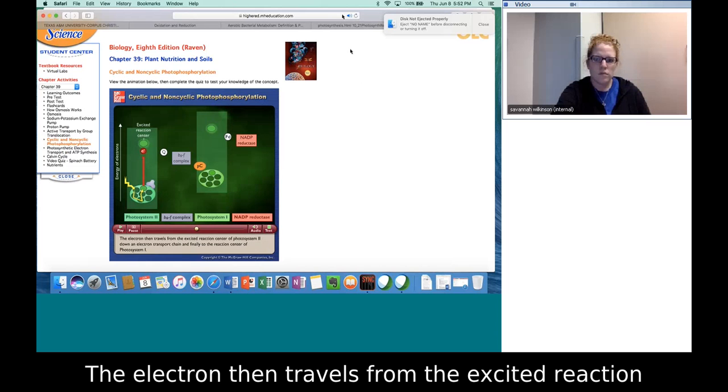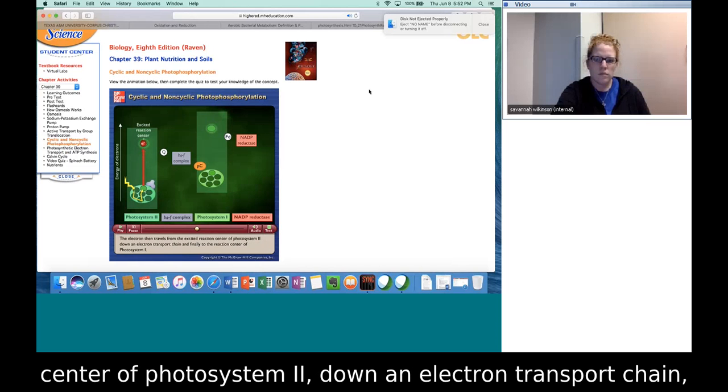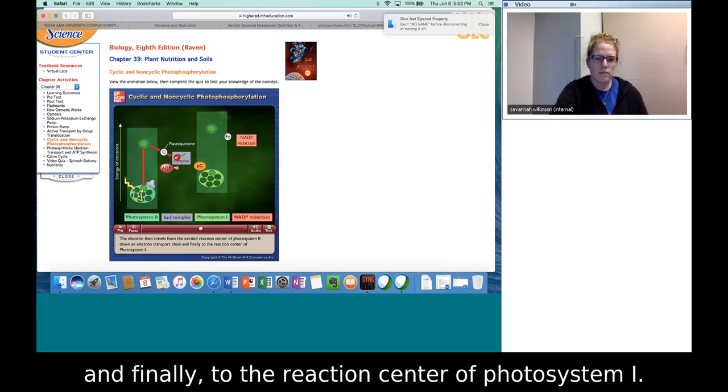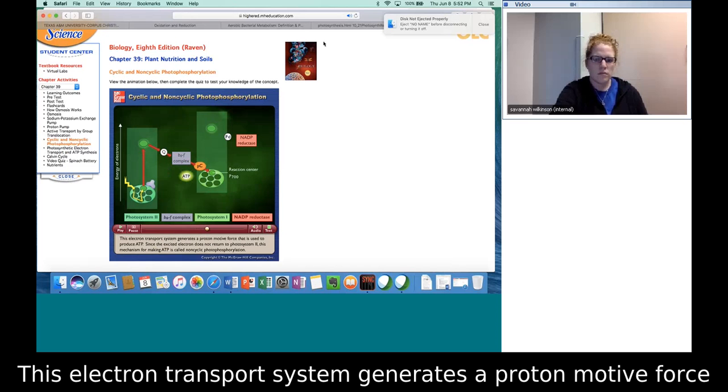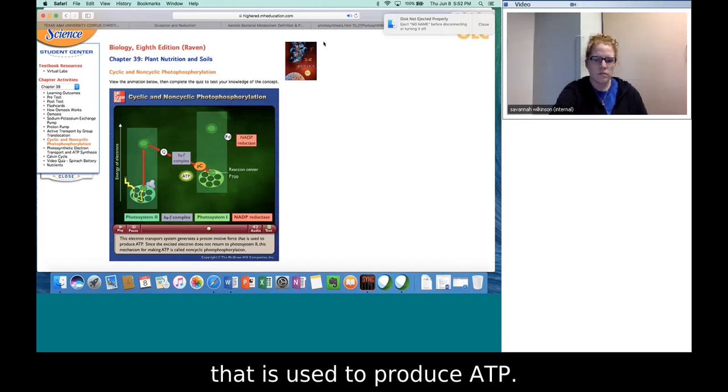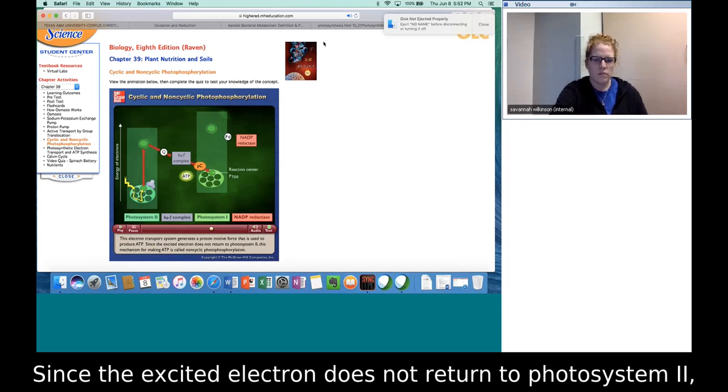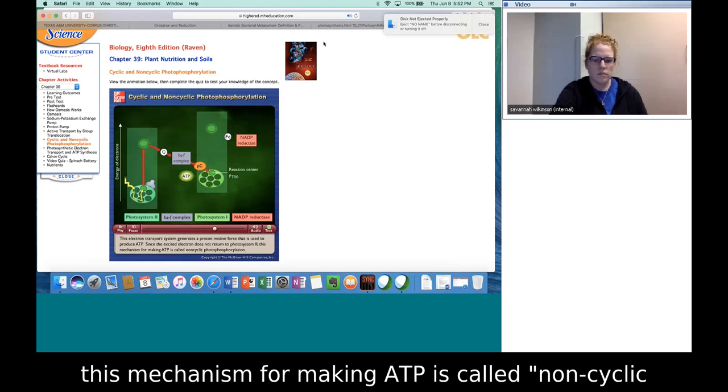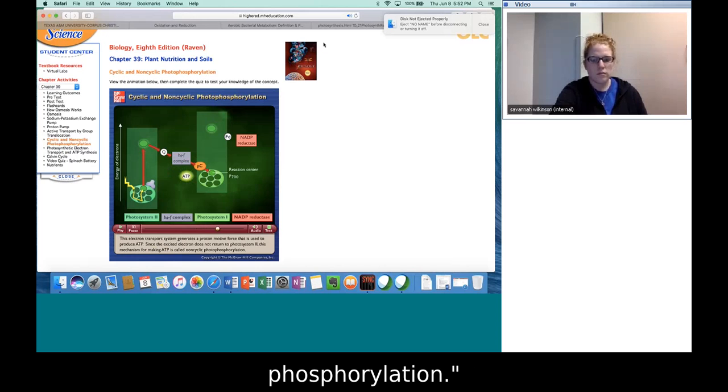The electron then travels from the excited reaction center of photosystem 2 down an electron transport chain and finally to the reaction center of photosystem 1. This electron transport system generates a proton motive force that is used to produce ATP. Since the excited electron does not return to photosystem 2, this mechanism for making ATP is called non-cyclic photophosphorylation.